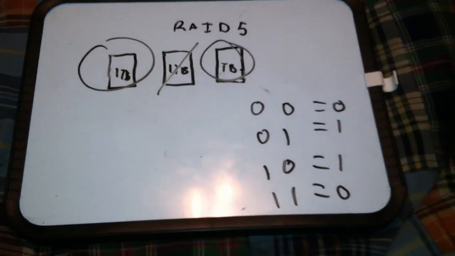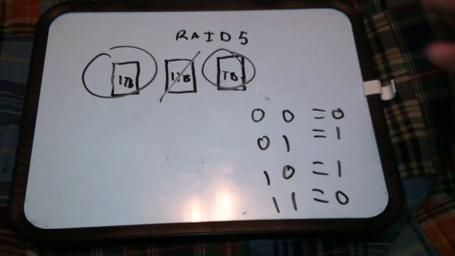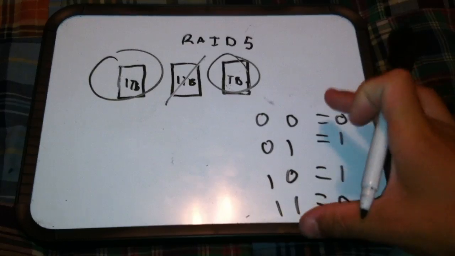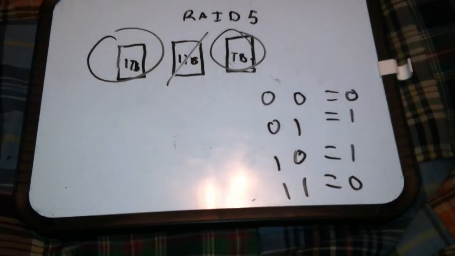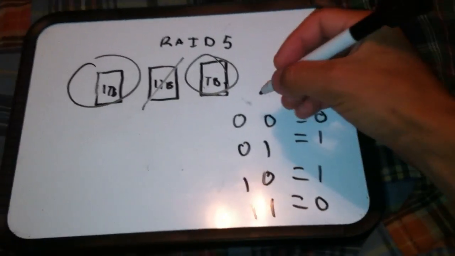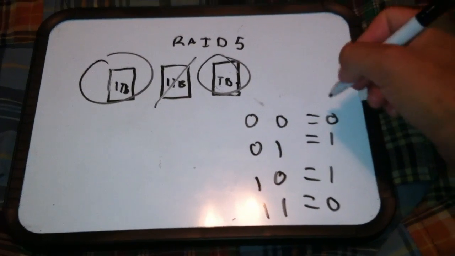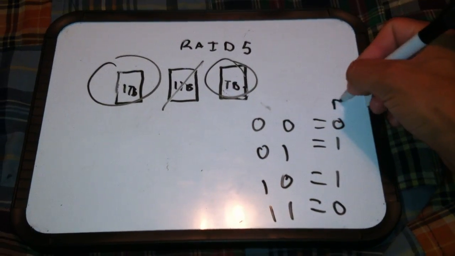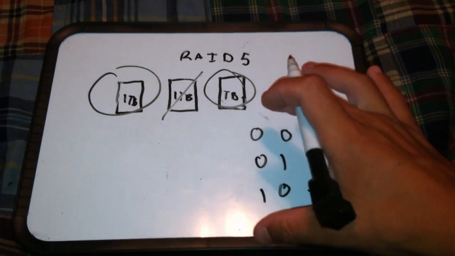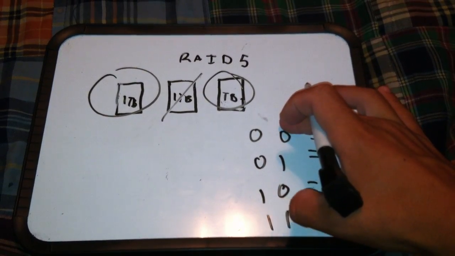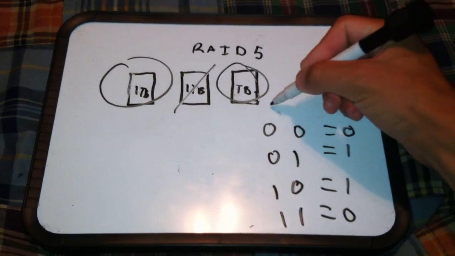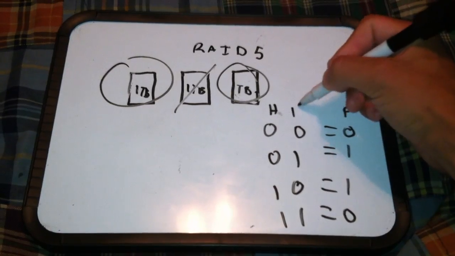So basically, just to make things simple, I'm not going to explain all this right now because this is a whole damn half-hour video on its own. But what it does is it takes these parity bits, and let's just say this is a hard drive, this is a hard drive, this is a hard drive.